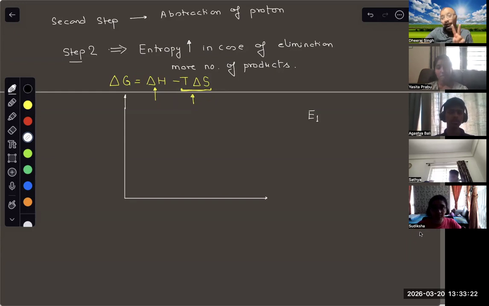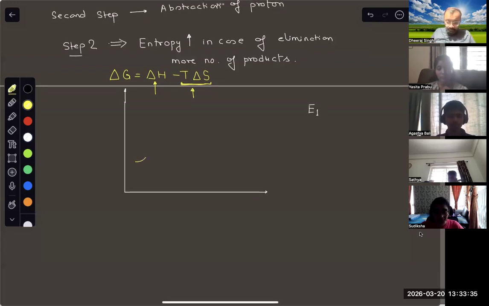Two intermediates, three transition states. Transition states have the highest energy. Using that rule, you can draw it, and it will look similar to your SN1.